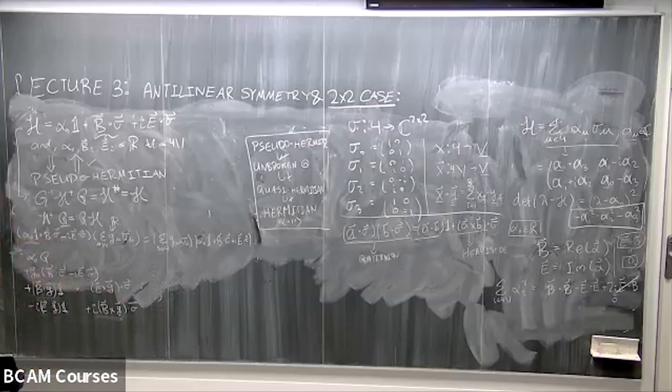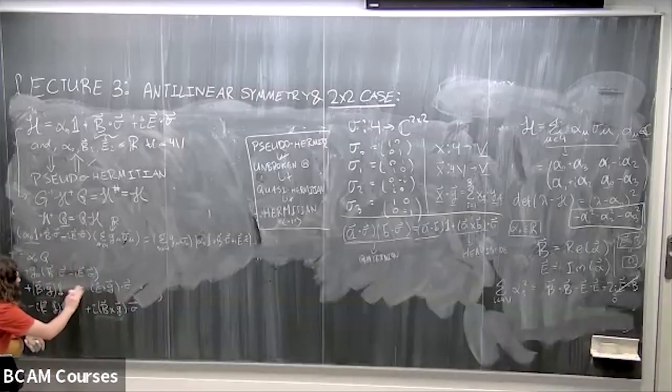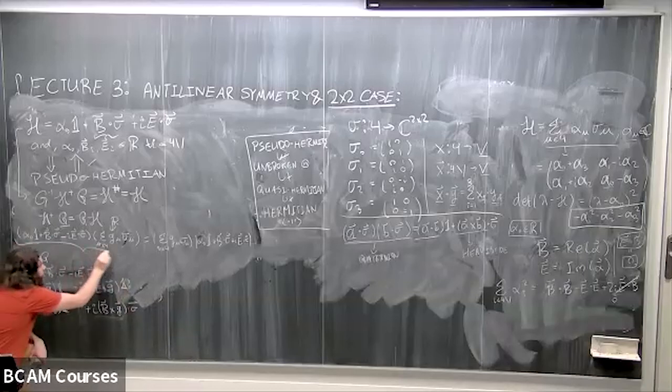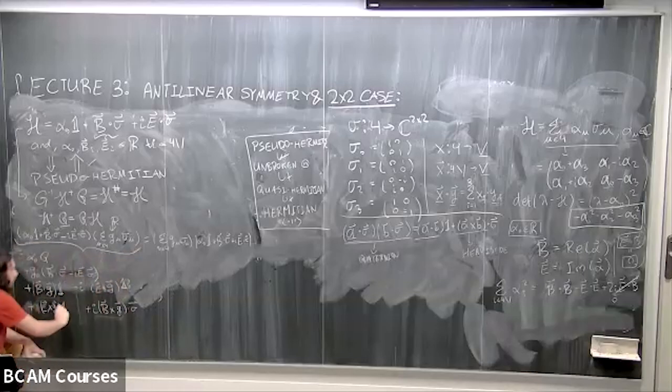And already, I think I wanted to organize it so that all of these parts are the imaginary parts. So I'll just move this over. This is what happens if you expand this out.